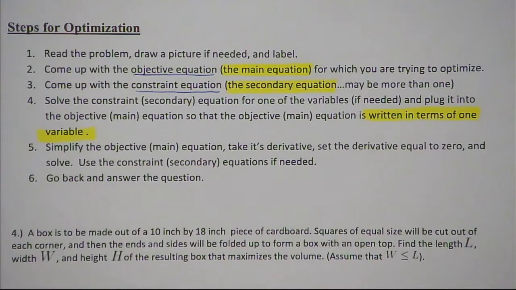So your whole idea, before you start taking a derivative, is that your main or objective equation must only have one variable in it. So no implicit differentiation, which is kind of nice. After you do that and simplify, then you'll take your derivative. And from there on, it's usually pretty easy. If you can get to the derivative part, you are good, okay?